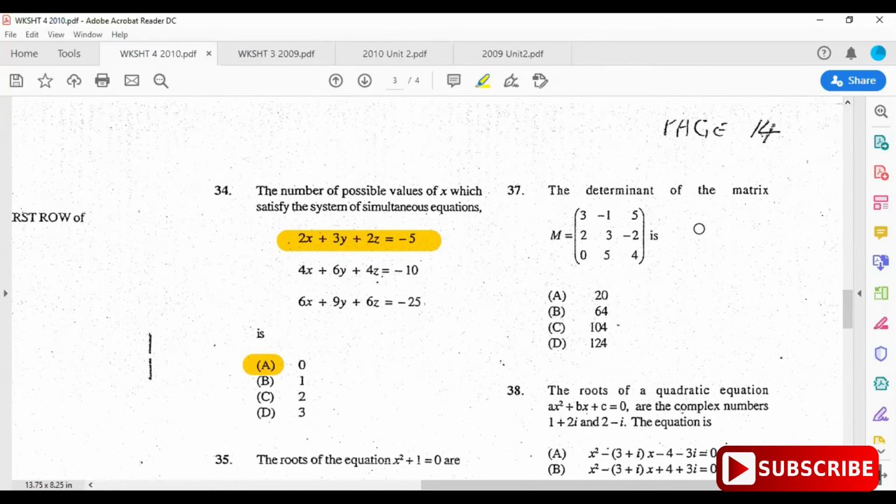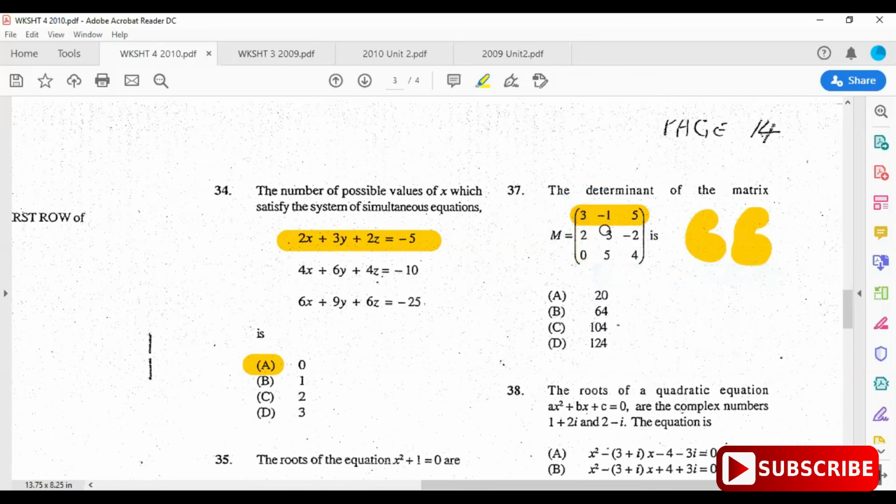Question 37. We need to find the determinant of the matrix M. Given that this has a 0, we can use the first column to find the determinant. Using the first column, the cofactor of 3 would be 3 times 4, 12, minus 2 times 5, which is 12 minus 10, which is 2. Then 22 times 3 is 66. This is going to be a plus, minus, plus, minus pattern.